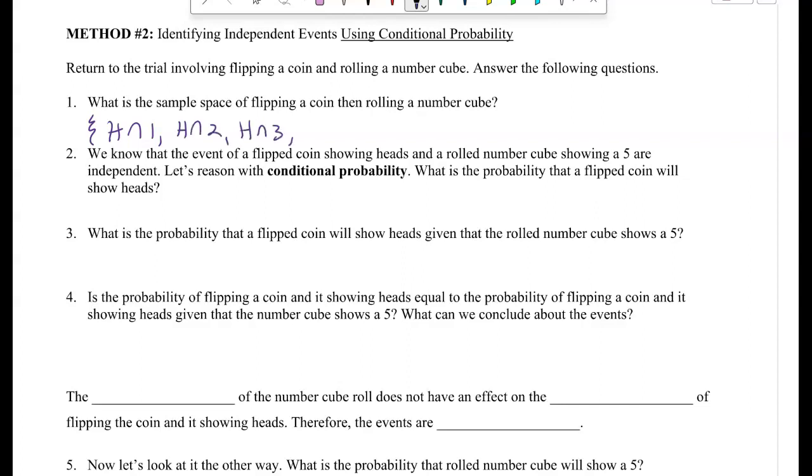It didn't change from the last 30 seconds. And we have our tails and rolling 1, rolling 2. And we got our 6 now. And we know that our sample space has 12 total outcomes, just like we did before.